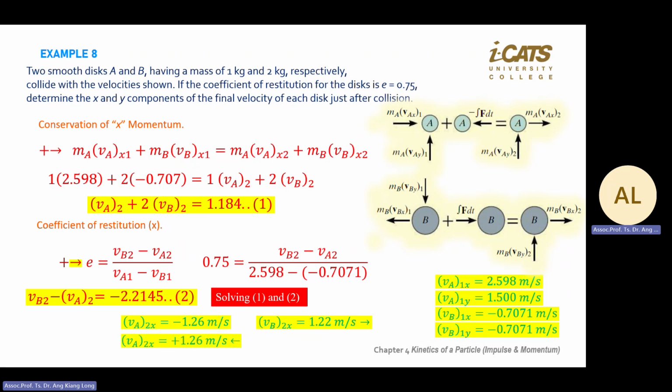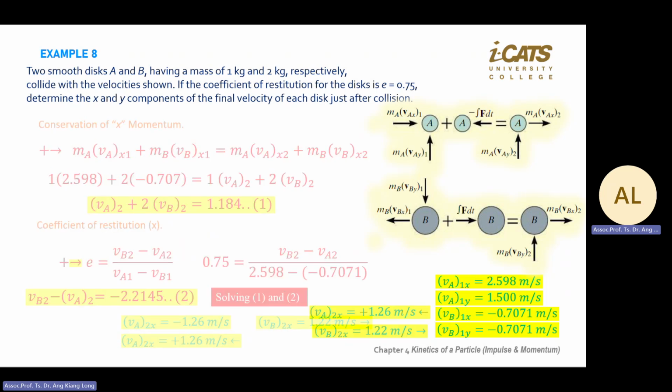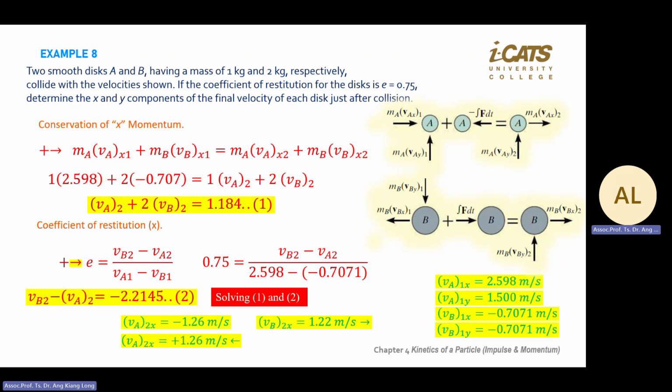Okay, this is the x direction. You solve for the x direction. You do one more for the y direction. This one becomes y, this one y, this one y, this one y. You substitute the y value that you solved just now. All these y values, substitute inside. Solving the equation again.